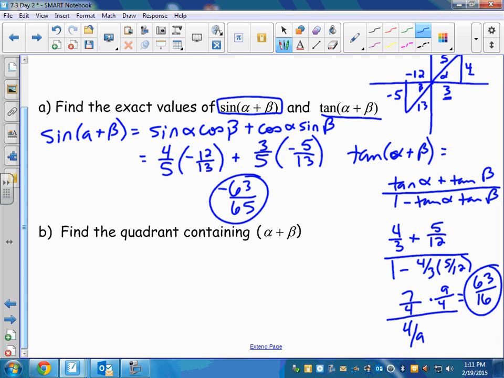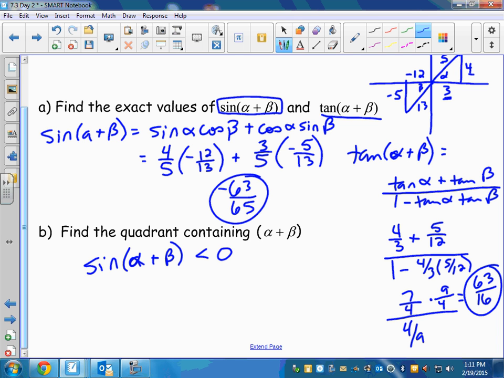So now part B says find what quadrant contains alpha plus beta. We only know what alpha plus beta is, but this is a really easy thing to do once you do it once. Well, the sine of alpha plus beta was negative 63/65, yes? So do you agree that I could say the sine was negative, sine was less than 0?